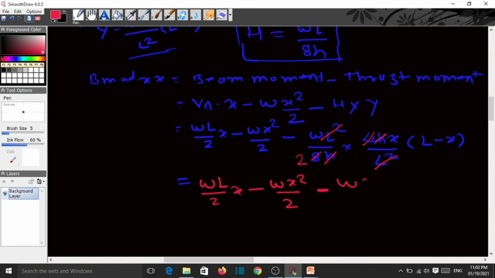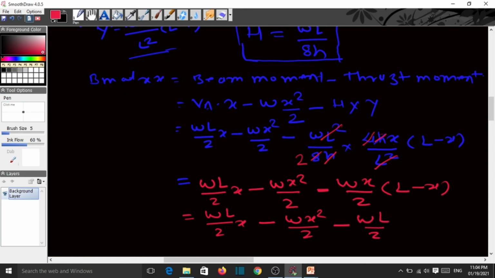So Wx by 2 in bracket is L minus x. So finally we can say WL by 2 into x minus Wx square by 2 minus this multiplied here, so that becomes WL by 2 into x; this minus and this minus make plus, so plus Wx square by 2.